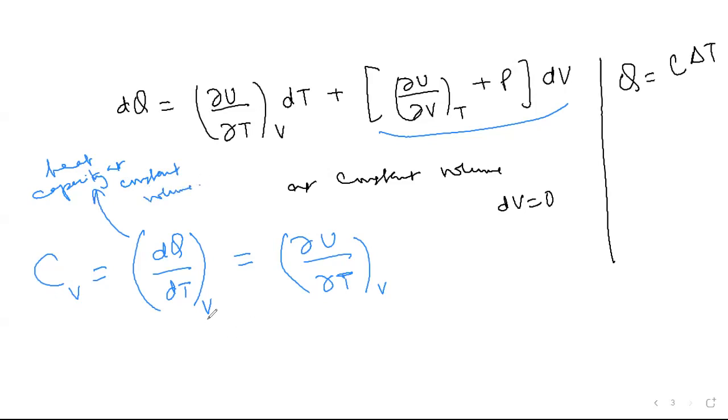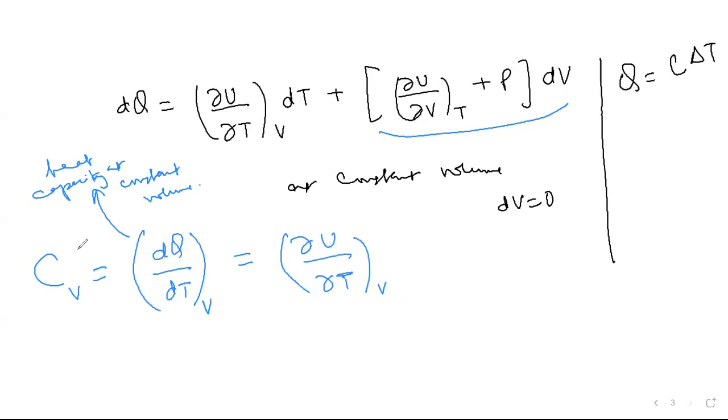Subscript V is specifying that volume is constant. We have taken the dT to the denominator of the left hand side. Then we write dQ by dT, subscript V specifies volume is constant. On right hand side we have dou U by dou T at constant V. So we have derived this equation for heat capacity at constant volume.